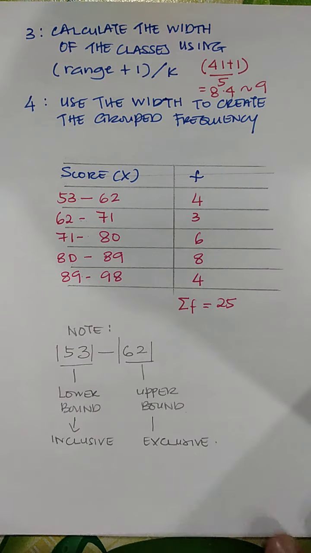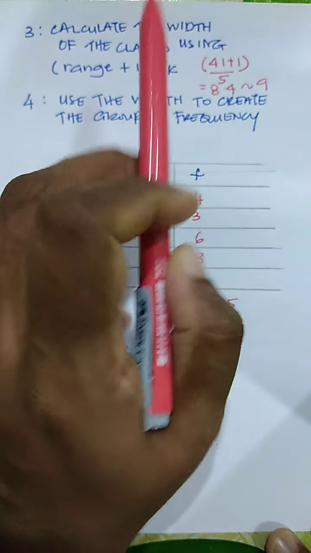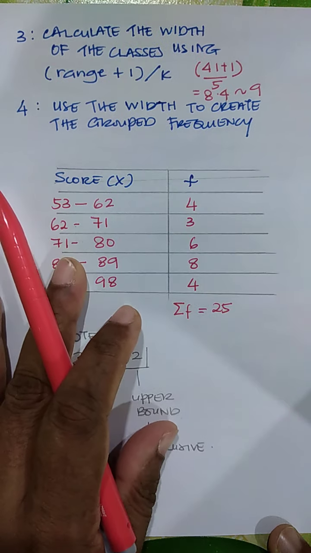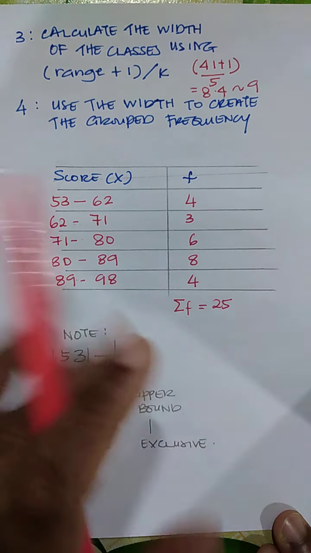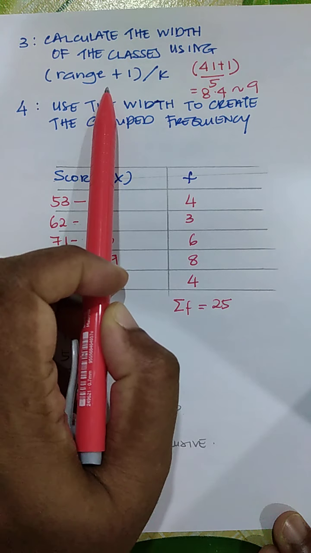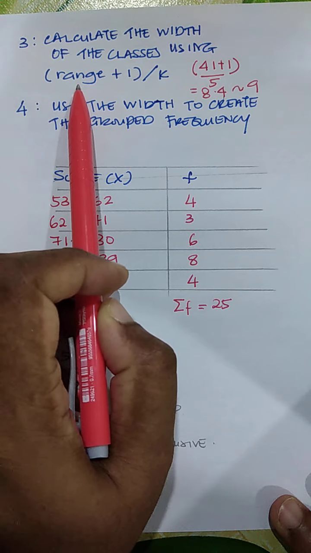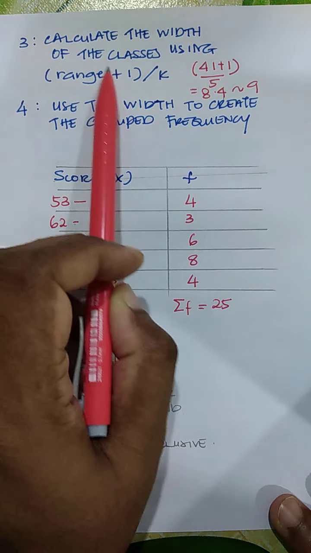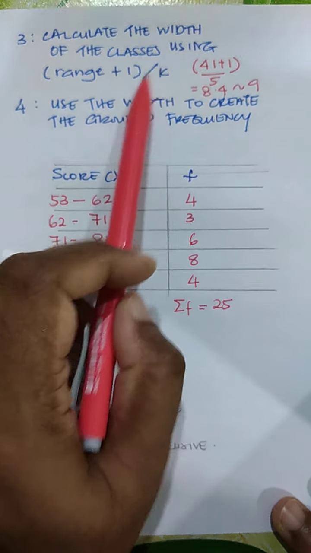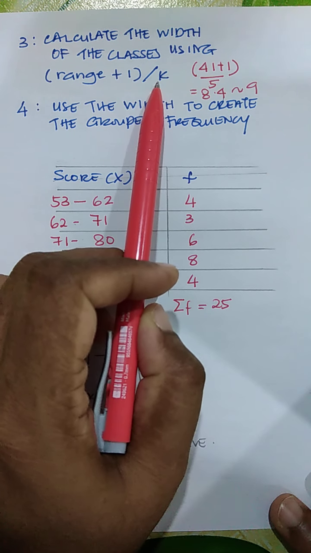What will be the third step? To calculate the width of the classes. Now we know that we need 5 groups, 5 classes, but we need to know the width, the interval between the group scores. How do we calculate that? We take the range plus 1, divided by the number of classes, which is k.